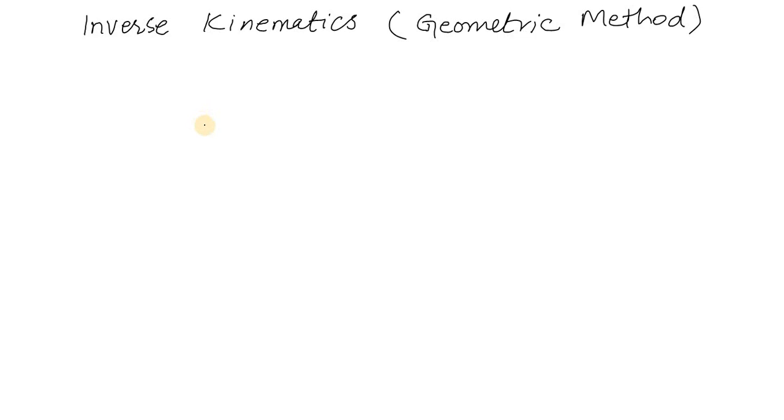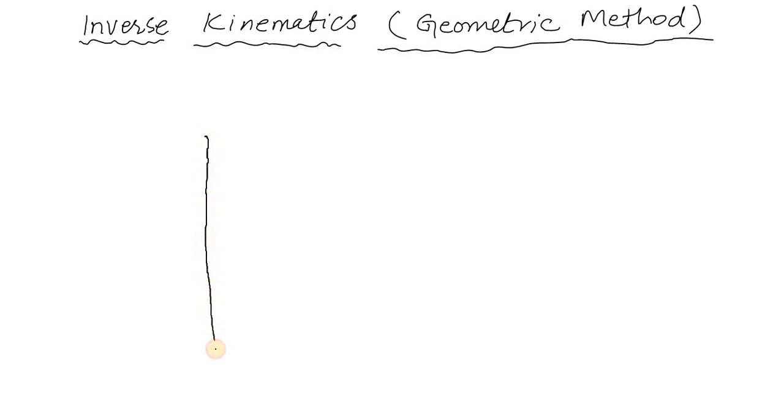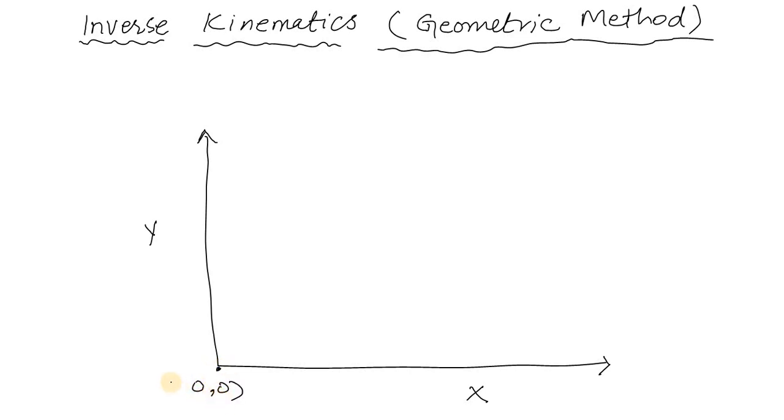So again we plot our robot here. Since it's a planar two-dimensional robot having two joints, here we have the x coordinate and the y coordinate, and here we have our origin having 0, 0. Yeah.